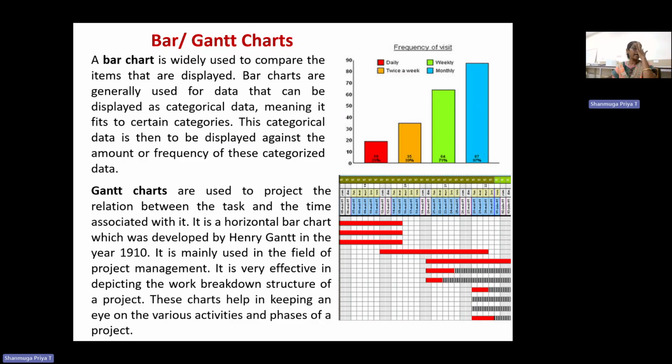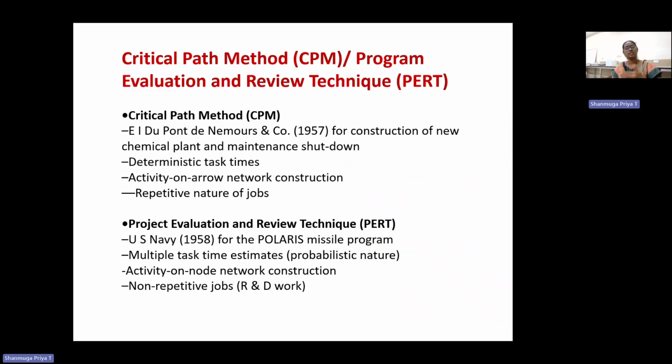The bar chart and Gantt chart are from ancient days. Nowadays the Gantt chart is still used somewhere, but it is not applicable for larger projects. For small projects, it is applicable. Now we are going to see the next advanced thing, the Critical Path Method and the Program Evaluation and Review Technique, the advancement of those charts. First is the Critical Path Method.